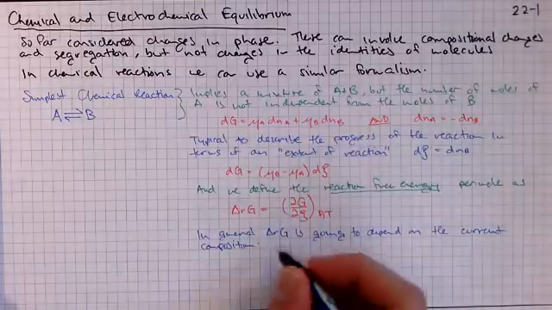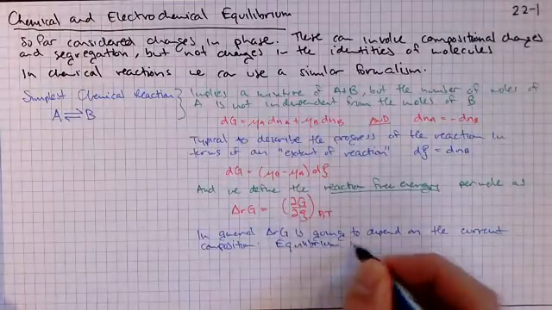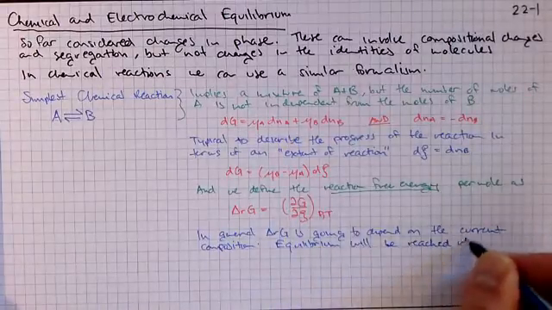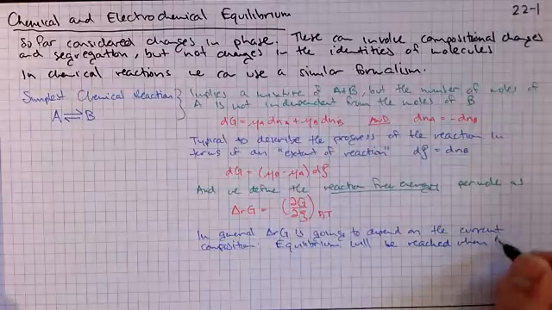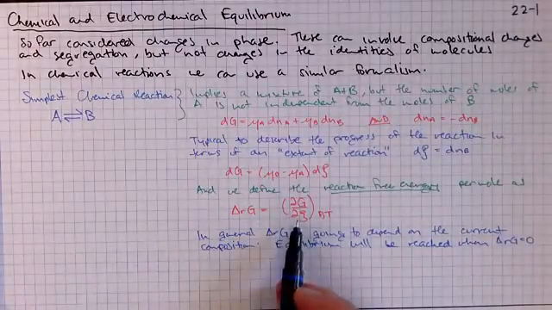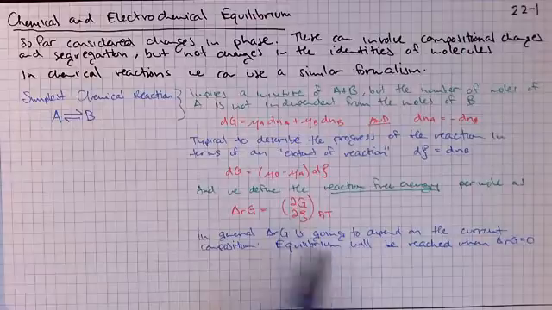And typically equilibrium will be reached when delta Rg equals 0, right? When we've minimized the free energy by taking the reaction to the point where any further interconversion would just increase the free energy.